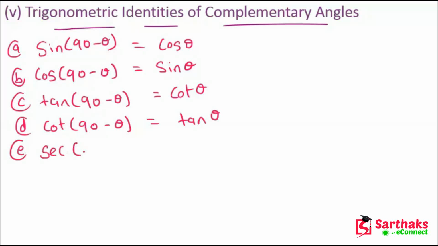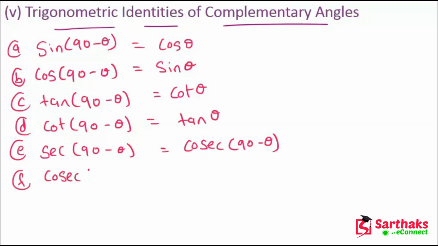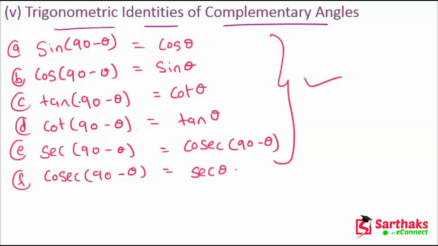Sec 90 minus theta, this will be cosec theta. And cosec 90 minus theta, this will become sec theta. So my dear friends, you already know about these identities.